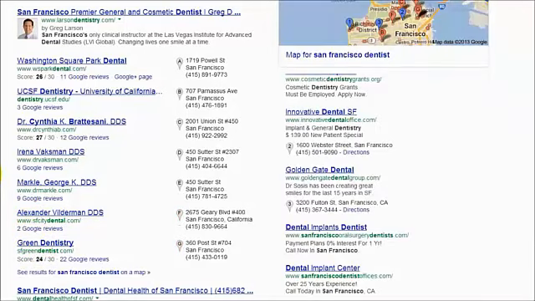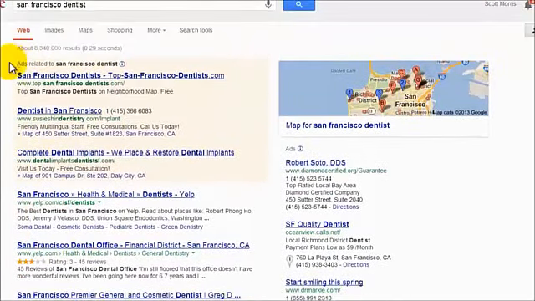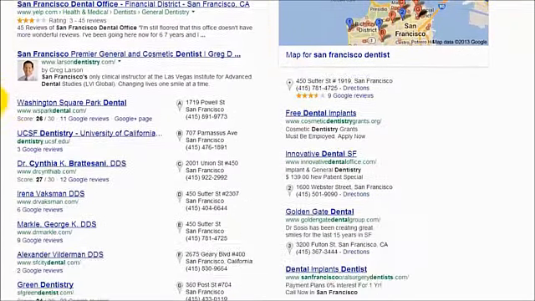This is free advertising for these people. As I mentioned, Washington Square Park Dental was the number 1 result for 10 of the 18 keywords. So these guys are probably getting great exposure, because if somebody comes to the first page of Google and types something in, they're going to get found.